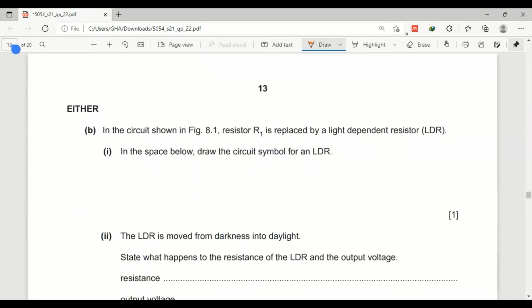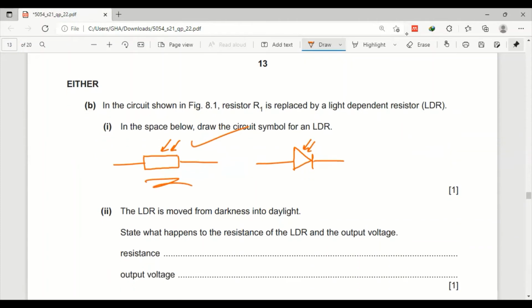And the next, in the circuit shown in the figure 8.1, the resistance R is replaced by the light dependent resistor. In the space below, draw a circuit symbol for the LDR, light dependent resistor. So this one, best.